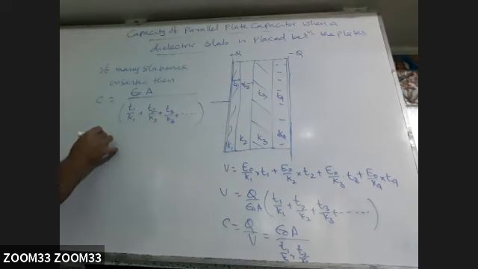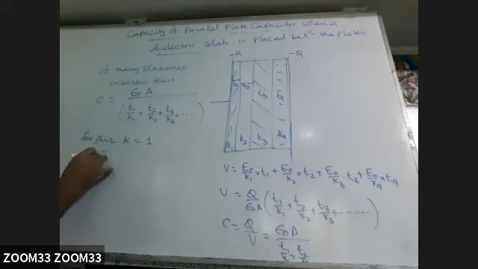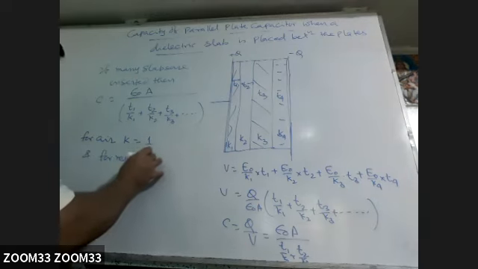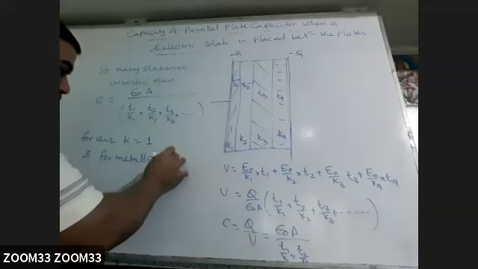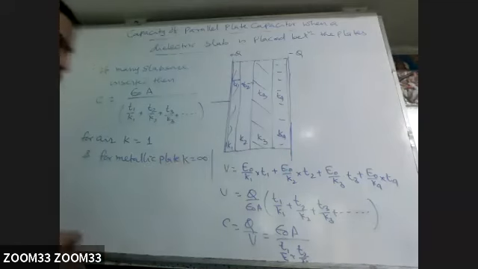So for air K is 1, and for a metal or metallic plate the value of K will be taken as infinity. So this is the general formula of a parallel plate capacitor.